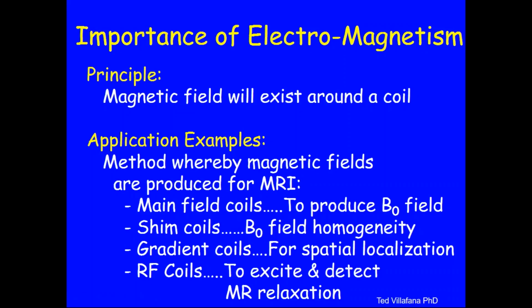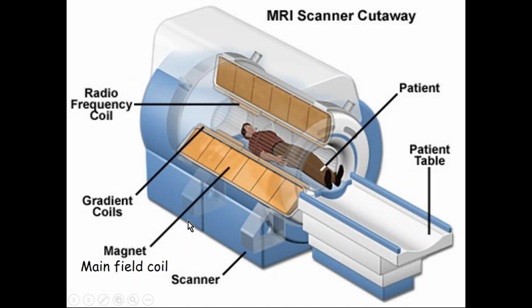A lot more can be said about these coils, which we'll say when we get to MR imaging, but just for now to establish that this whole idea of electromagnetism is more than a cute idea in a physics book. It is the basis for MR imaging. This is how we get our magnetic fields to do particular functions, as with these 4 functions that I've just mentioned as an example.